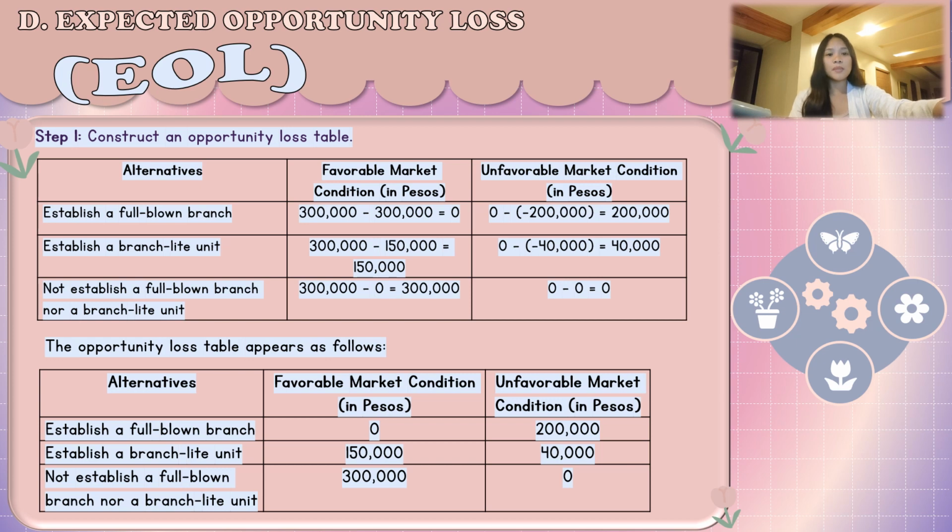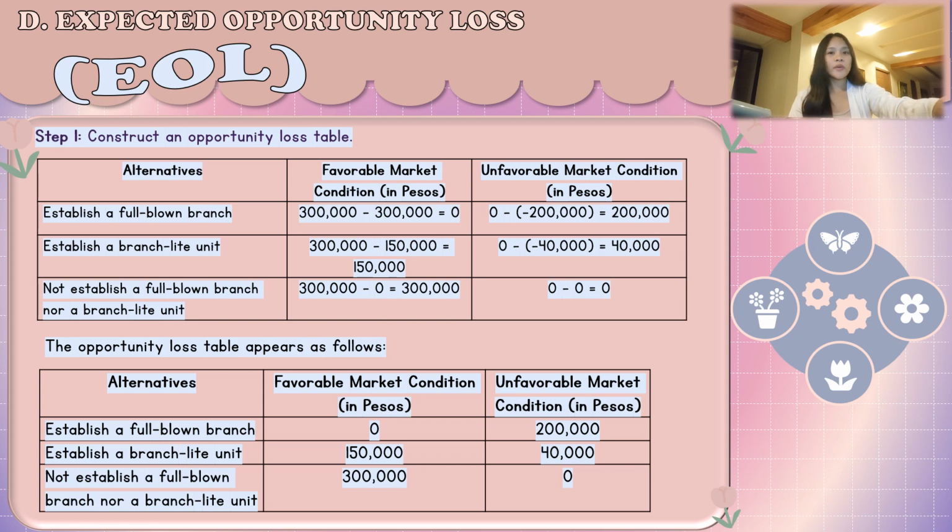The following steps are performed to determine which alternative should be selected. So now, we need to apply the first step, which is construct an opportunity loss table. To construct an opportunity loss table, the maximum payoff per column is determined: 300,000 for column 2 and 0 for column 3.